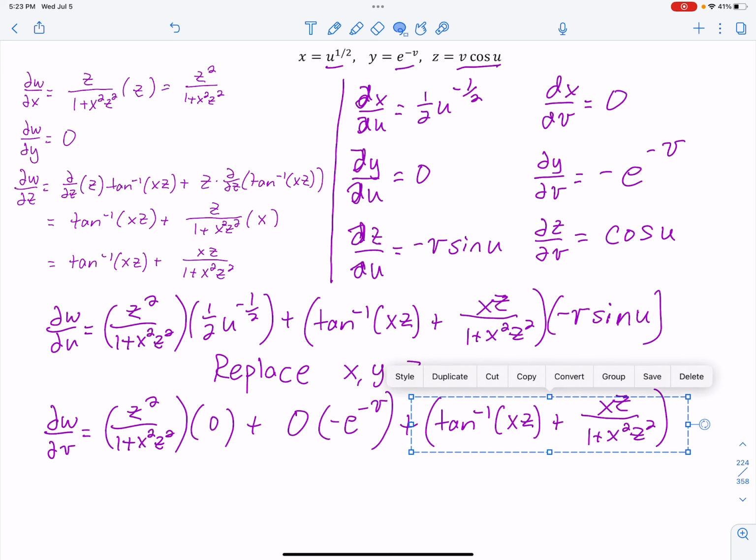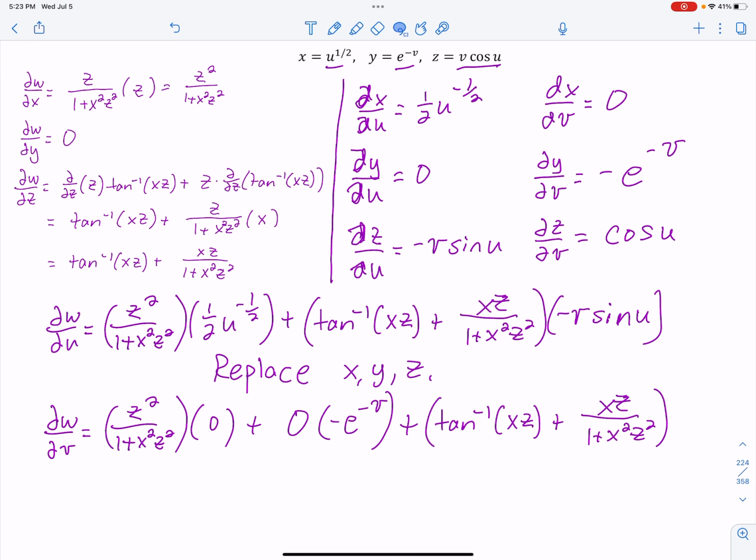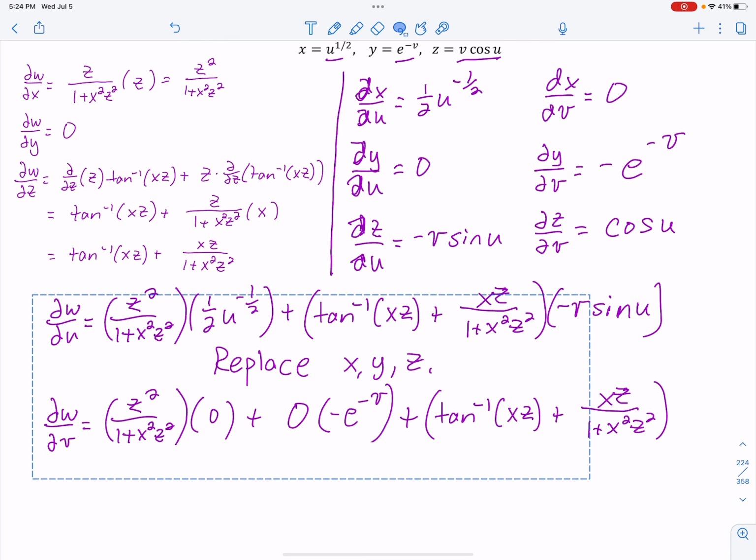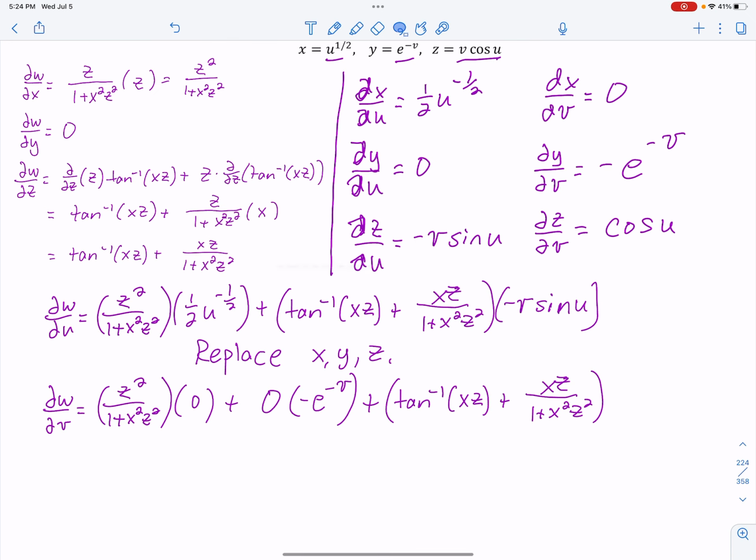All right, so I got that now times, let me shrink these down to give myself a little more room, cosine of u. So for this one, dw dv, that's 0, that's 0, and I'm just left with these. So I'm just going to go ahead and replace. This is going to be a little weird.